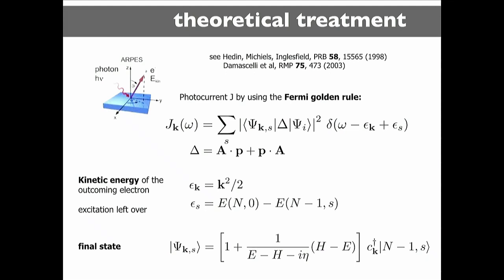So we want to describe an excitation driven by the absorption of this photon, where we have an initial state that is pretty much the ground state of the system, and a final state that is composed of an electron that is extracted from the system, ideally in a plane wave-like state in vacuum, times, in the sense of a mathematical product within the Hilbert space, what is left, which is not meant to be the ground state with n-1, but actually a relative of an excited state at n-1.